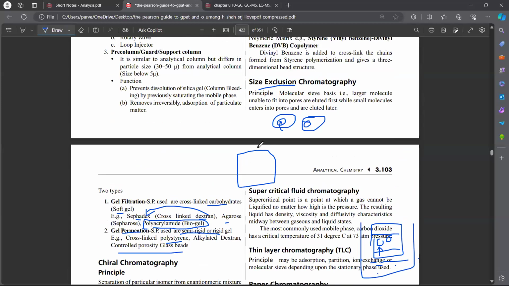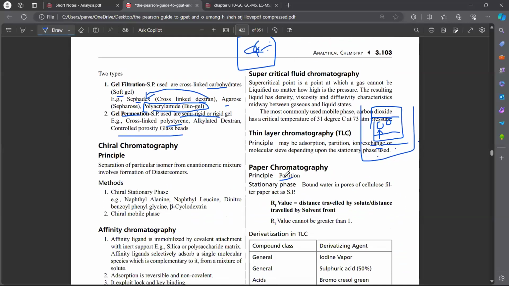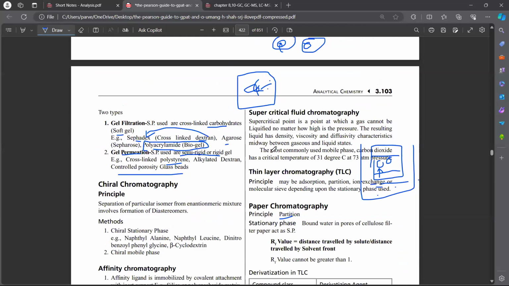The paper used in paper chromatography is generally made of alpha cellulose, and the cellulose contains 6% moisture. Thin layer chromatography can also be applied with different principles. If it is used with adsorbents, guys, tell me examples of the different adsorbents.